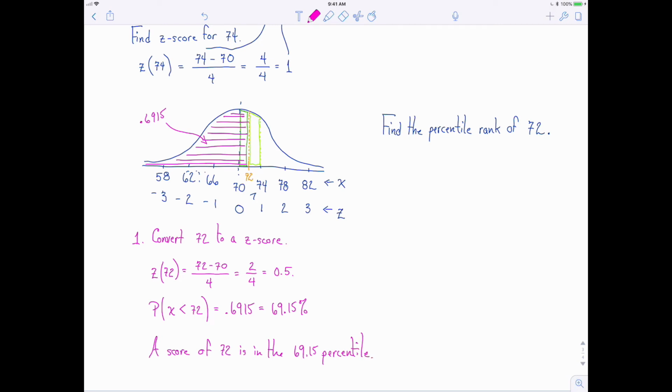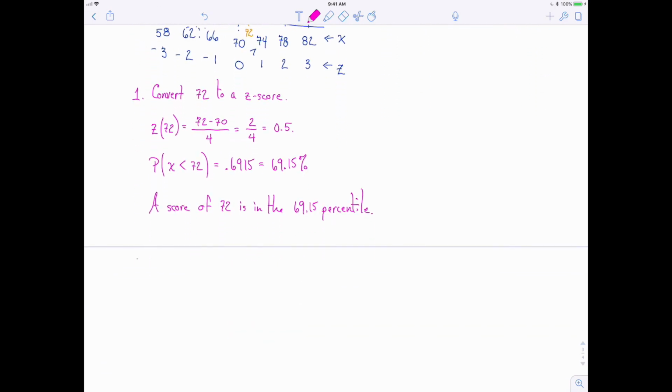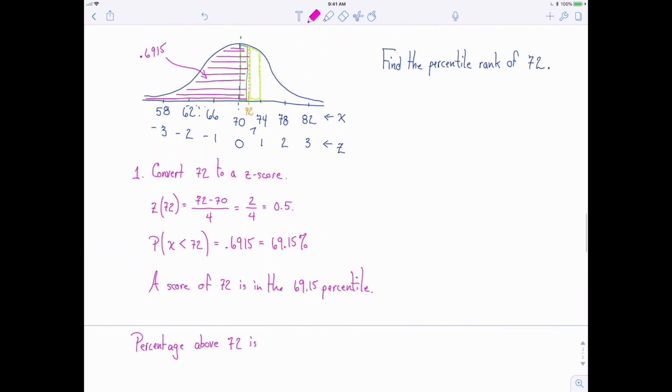And likewise, if you wanted the percentage above 72, if I could spell that right, I would. One more backspace. Percentage above 72 is, remember, if I kept shading the whole picture, I would shade 1.